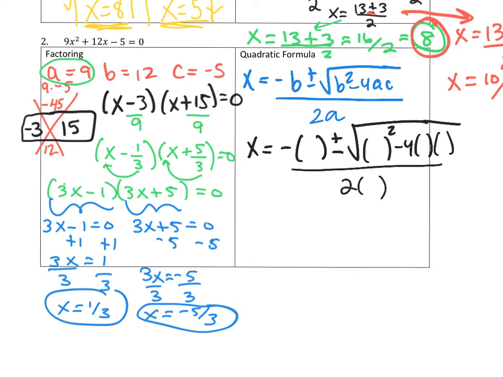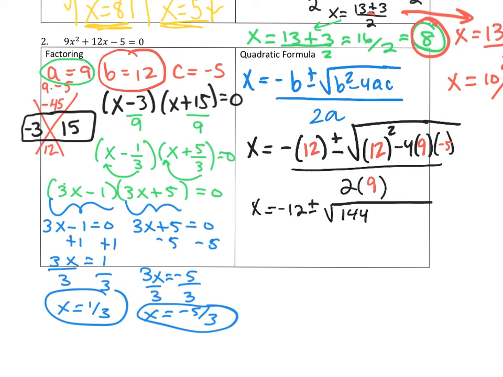So we know in the b slot, it's going to be 12. If we come back over here, b is 12. So that goes there and there. We know that a is 9. And we know in the c slot, we write -5. So if we continue, we would have x equals -12 plus or minus square root. 12 squared is 144.